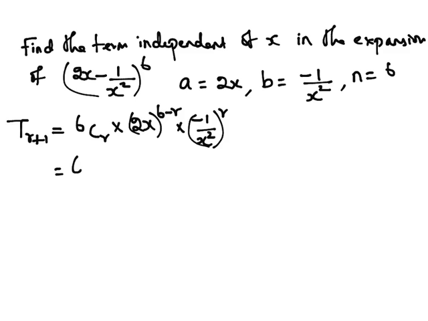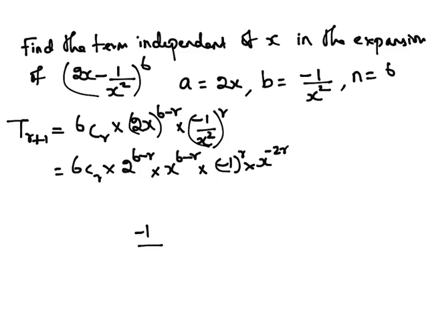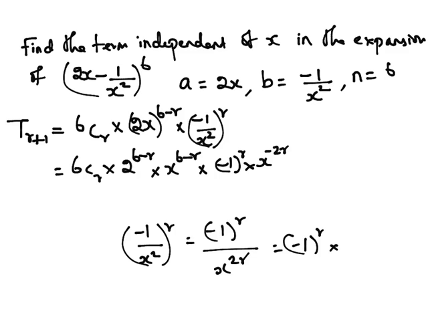I will write it as 6Cr multiplied with 2 power 6 minus r multiplied with x power 6 minus r, then multiplied with minus 1 power r into x power minus 2r. Right? You might wonder how we got it. Very simple. Minus 1 by x squared power r is nothing but minus 1 power r by x power 2r, which is nothing but minus 1 power r into x power minus 2r, when I bring this to the numerator, the power will become negative.